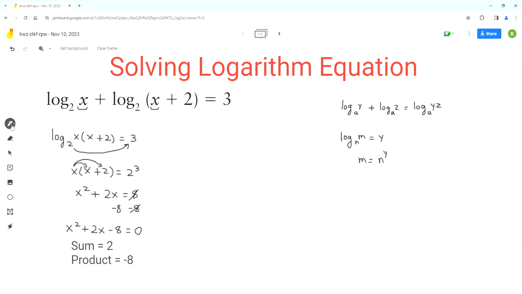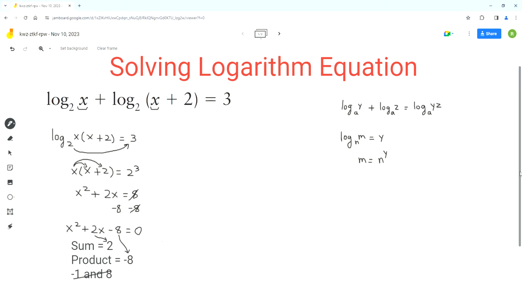The sum number is the coefficient of the x term and the product number is the number term in the trinomial. The first pair of numbers that comes to my mind is negative 1 and 8. But we cannot get a sum of 2 from negative 1 and 8, so this pair is out.